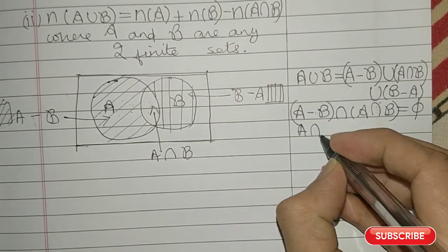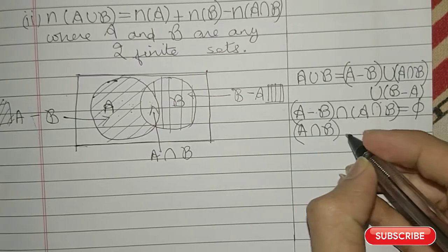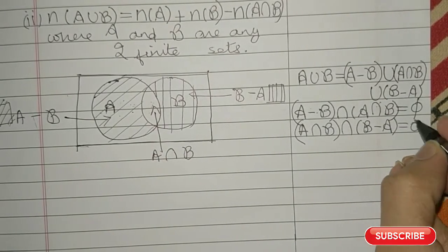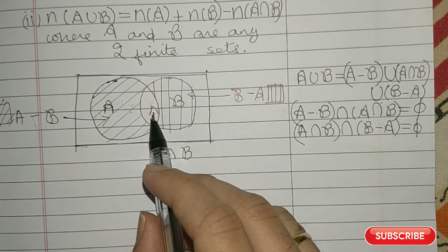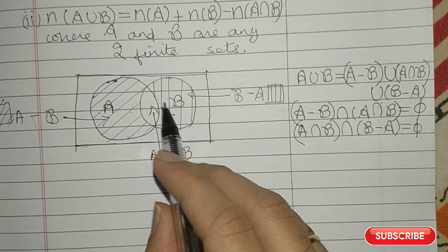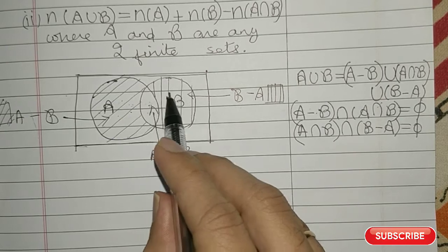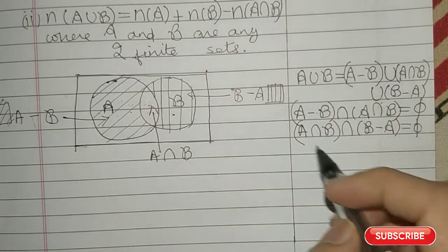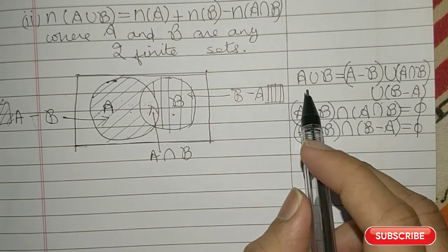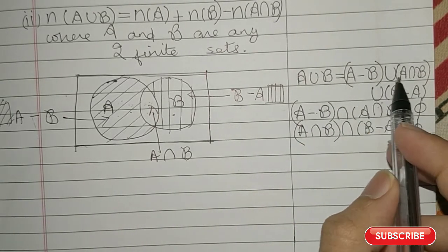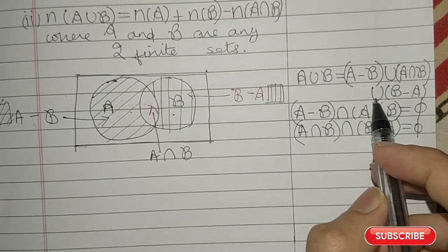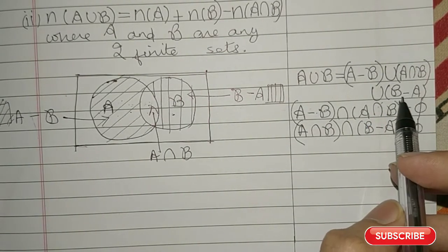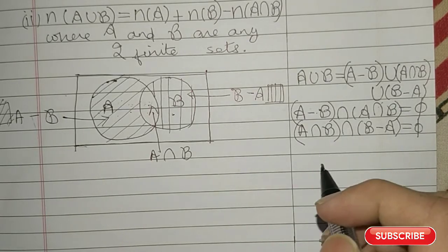Similarly, A intersection B intersection B minus A is also empty, right? There are no common elements between these two sets also. So you are looking at A union B as A minus B union A intersection B union B minus A, where A minus B, A intersection B and B minus A are all disjoint, right?